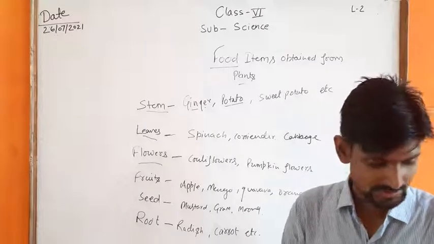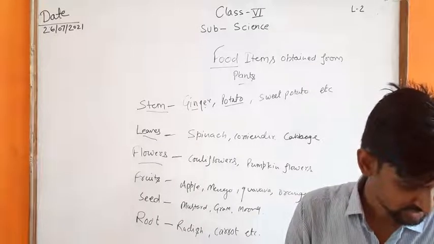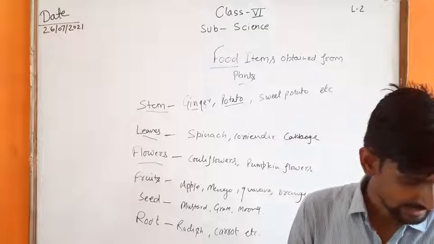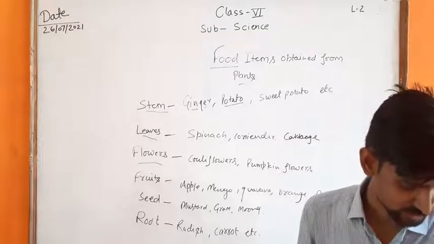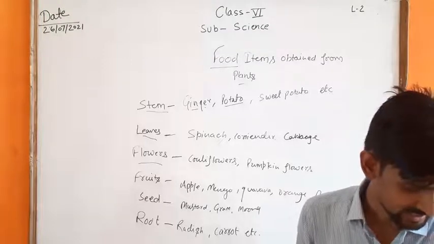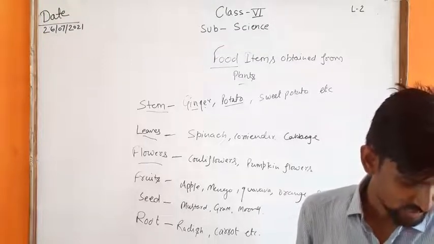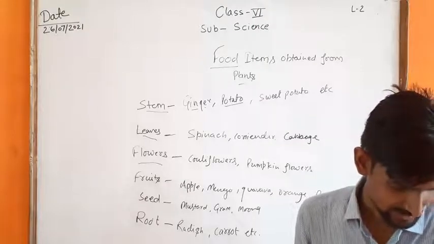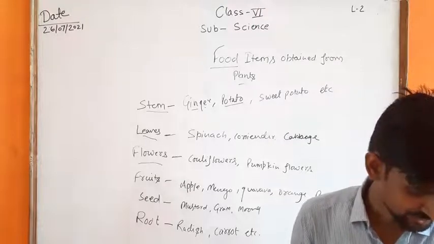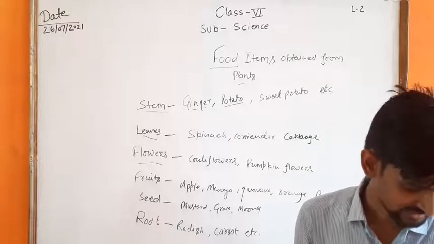Clear? The next topic has some activity also. Sprouted seeds of certain plants can also be used. Material required: moong, black gram, chana, moth, etc. Take a few spoons each of the moong, moth and chana.